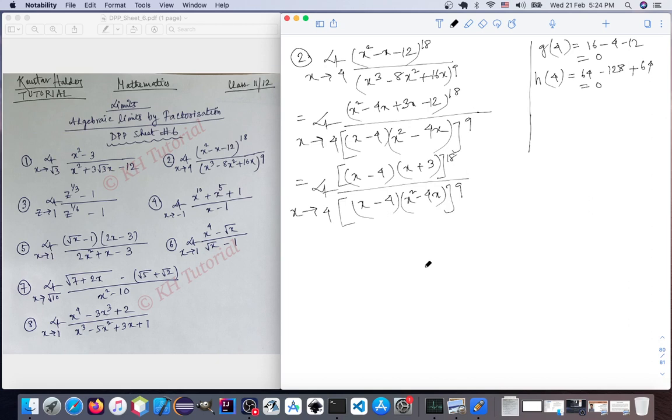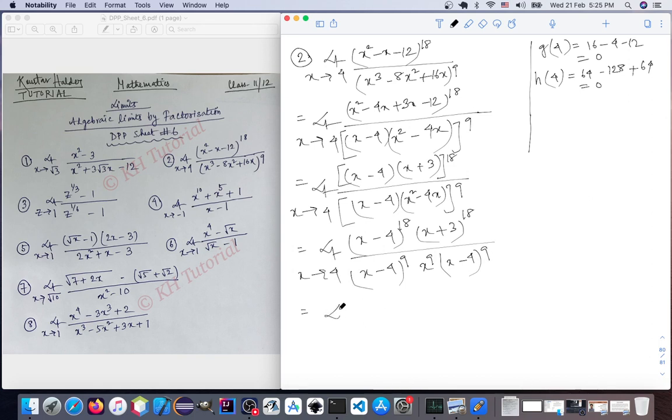So this further becomes (x minus 4) to the power 18 (x plus 3) to the power 18, and power 9, and we take x common from the x square minus 4x and we get (x minus 4) to the power 9.